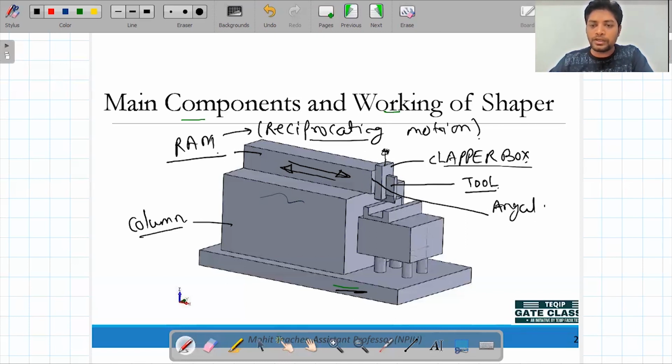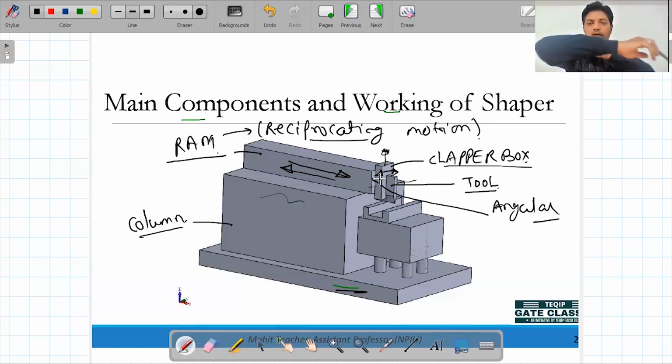Angular displacement means the angles can vary from 0 degree to 360 degree, so that we can rotate this clapper box within a specific range. If this is the tool from the front side, then you can rotate it because it is mounted with the clapper box.